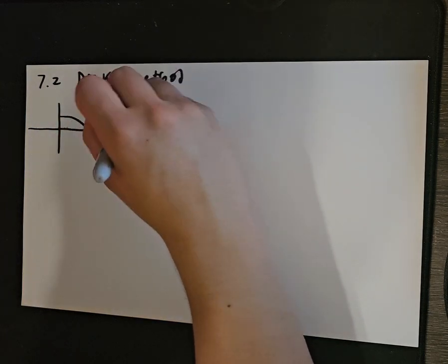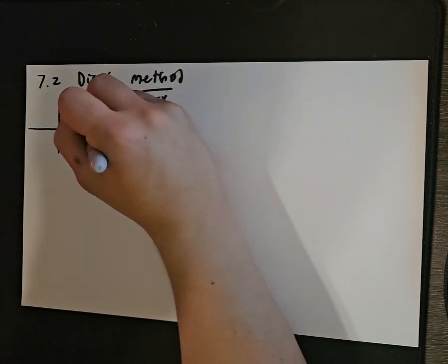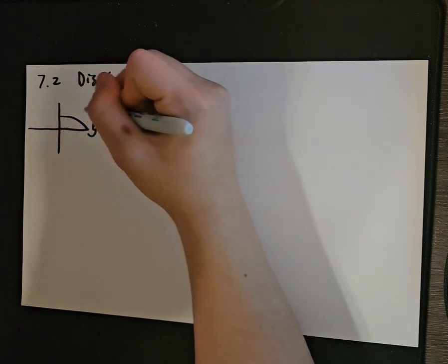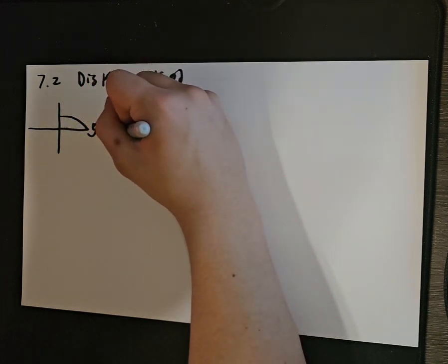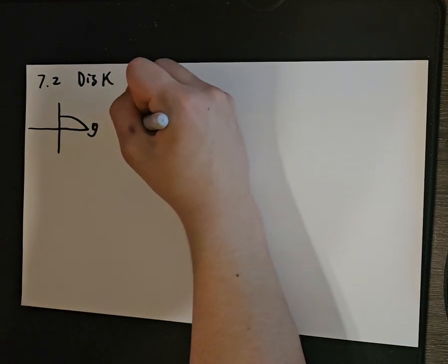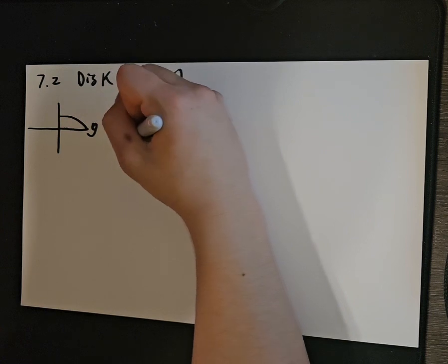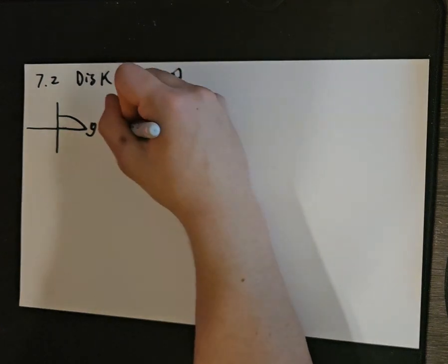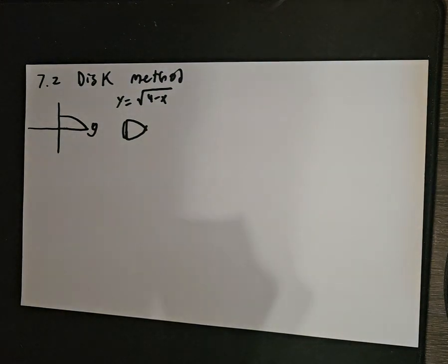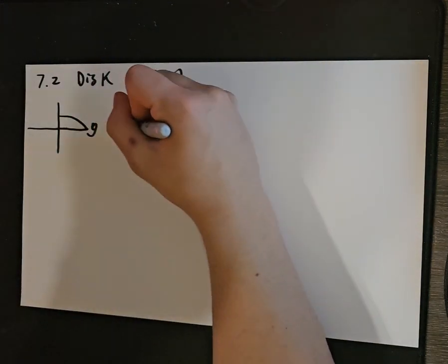Well, we can imagine we are rotating the solid around this axis to form a shape somewhat like this, if this was a 3D shape. That's the concept of the disk method.